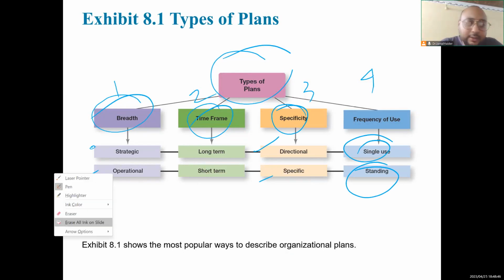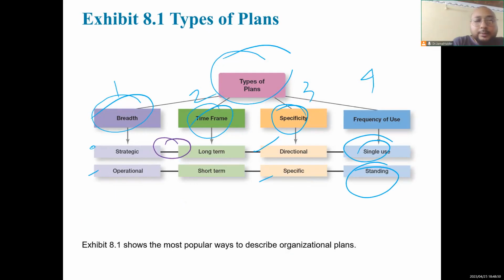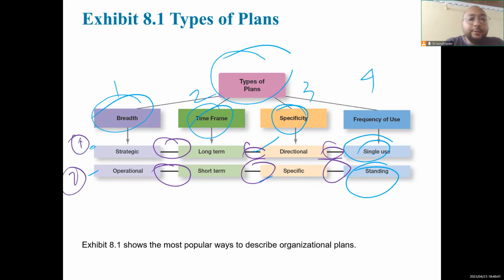And did you see something magical here? The thing common between these variations is that the first type in every variation is interlinked, right?